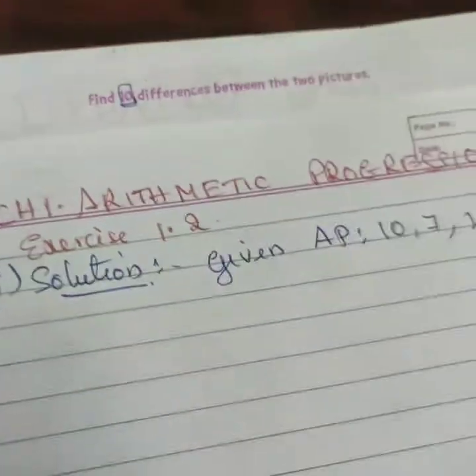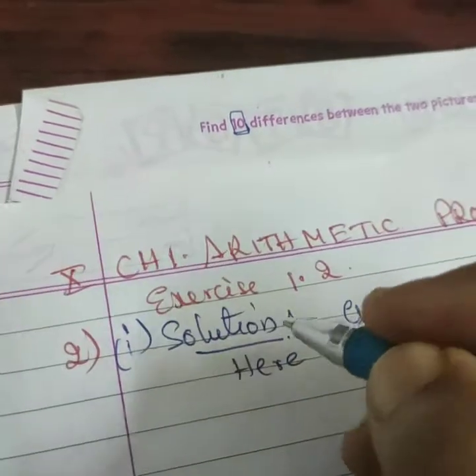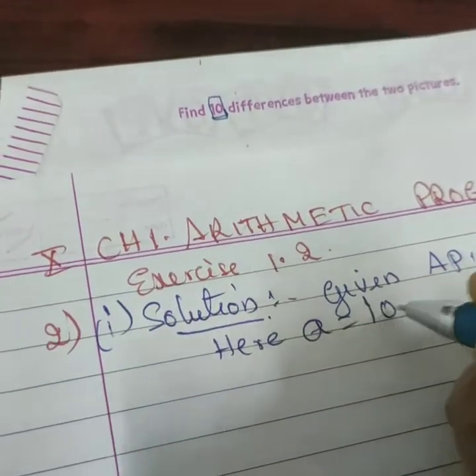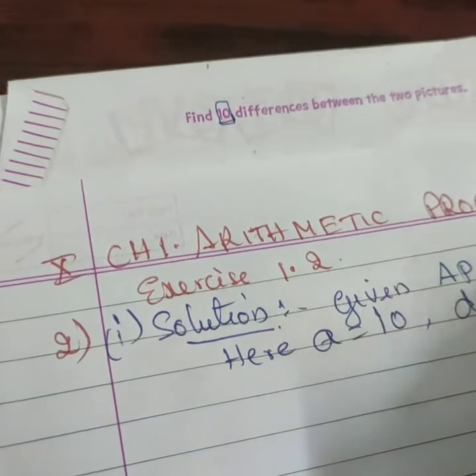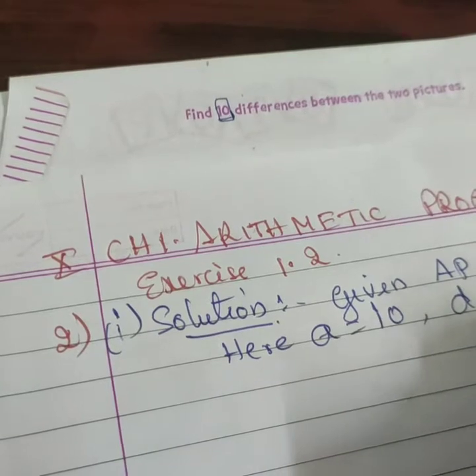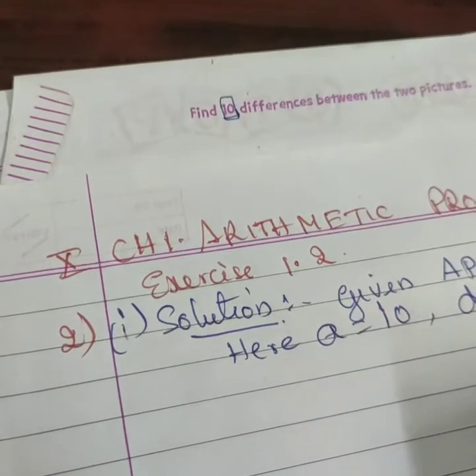Therefore, what is a here? Here a is 10, and d is a2 minus a1, that is 7 minus 10, which is minus 3.